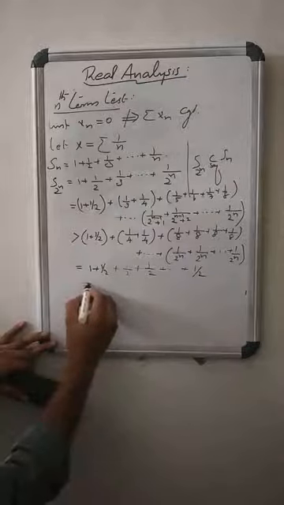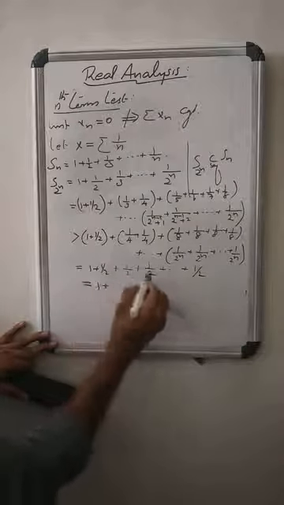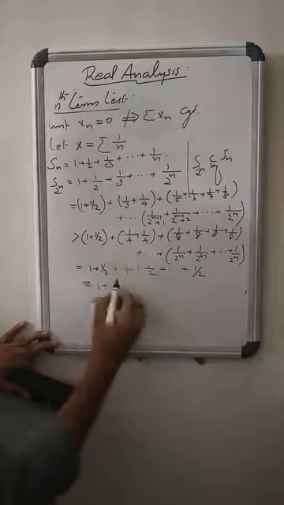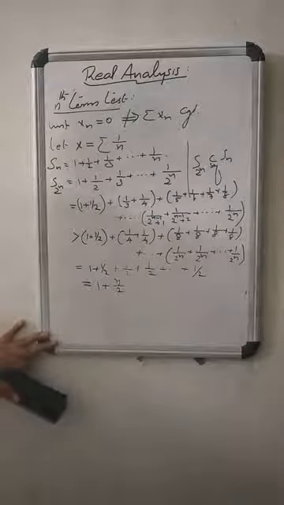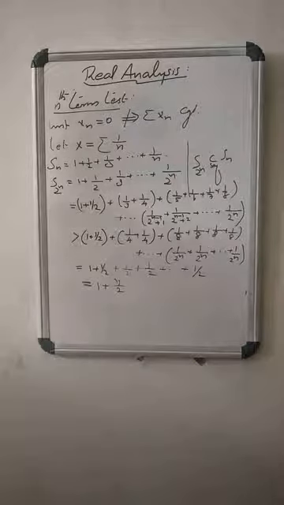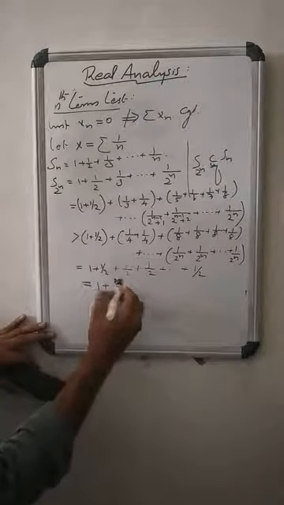So that equals 1 plus how many 1 by 2s are there? There are n 1 by 2s, so it is 1 plus n by 2. Agreed. So 1 plus n by 2.